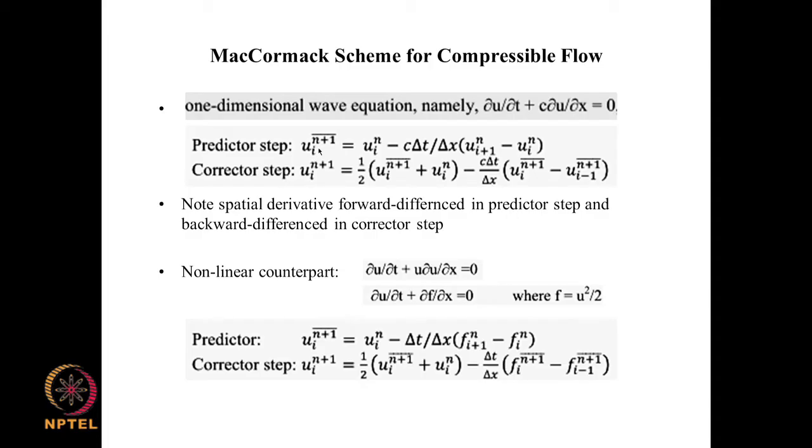So, in the simplest form, you have a provisional value of u_i^(n+1) bar given by the old value minus c delta t by delta x times (u_(i+1) minus u_i) at step n.